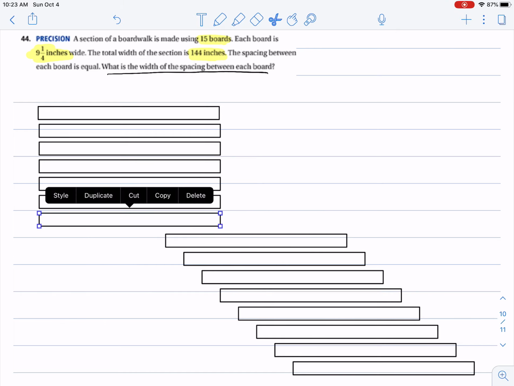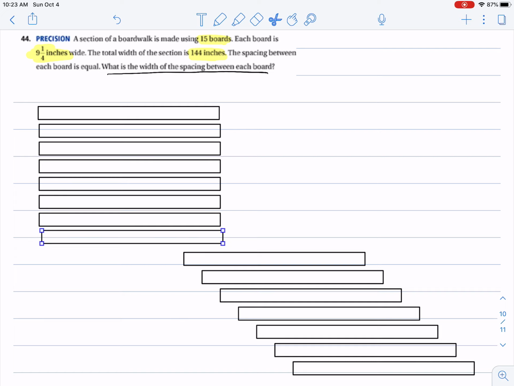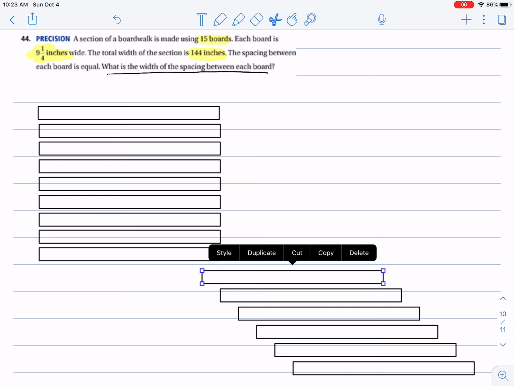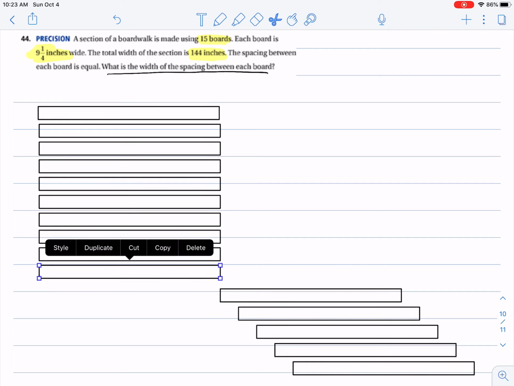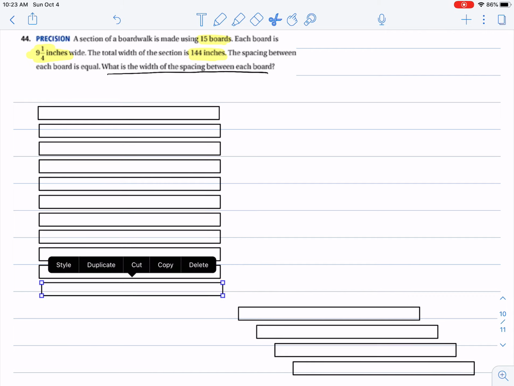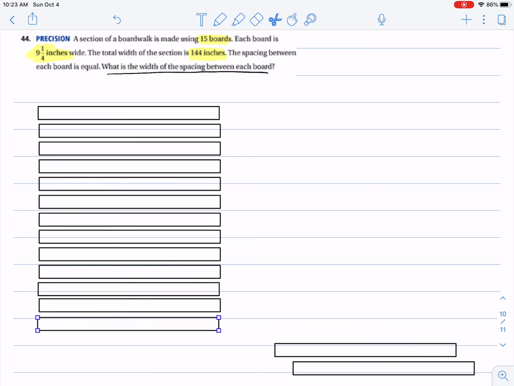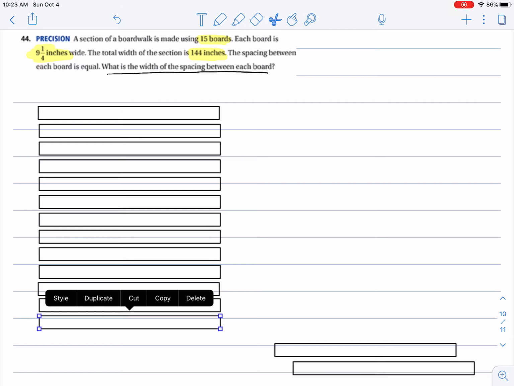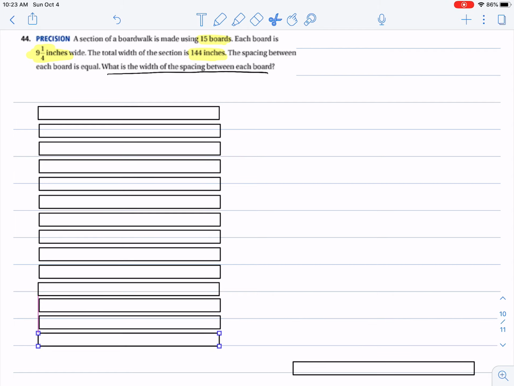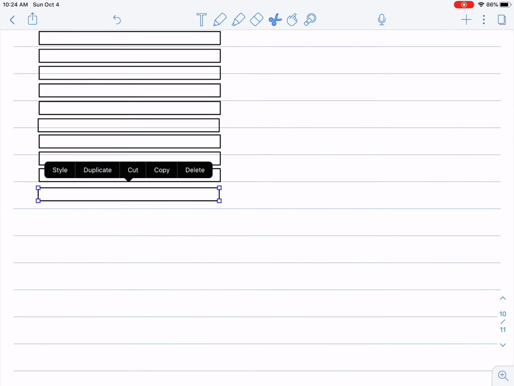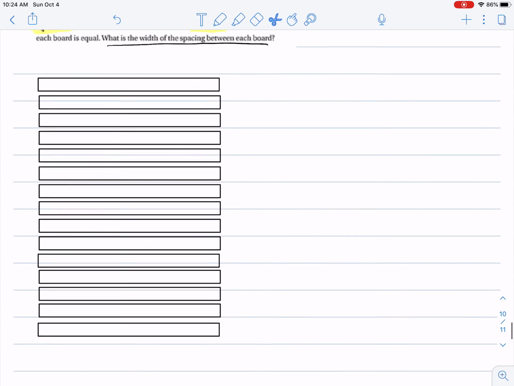So the boards are not touching. There is a little space in between each of them. And that is what the question is telling us. Okay, almost there. All right, this is not perfect, but this will be good enough. All right.